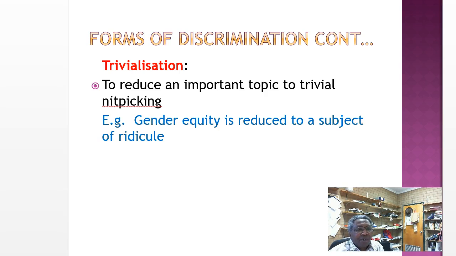Some people might think or present it as a joke. They laugh it off. Any issue to do with gender, if you are arguing for gender, then you are seen as somebody pursuing a trivial issue, even though it is a major issue of concern.